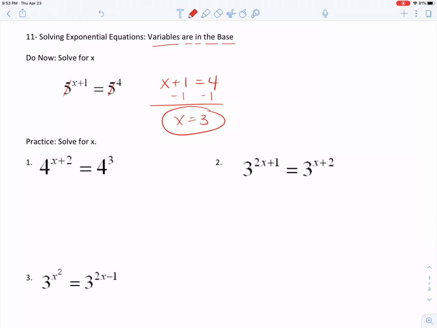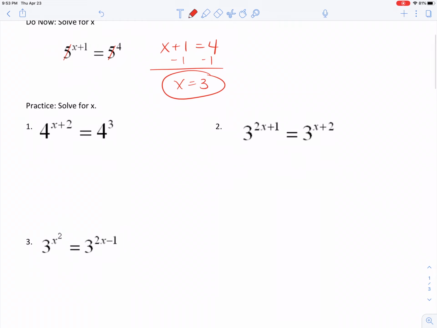Final answer. Okay, so the first group of practice problems, all the bases are the same. Number 1, this rarely happens, that the bases are the same, but if you're in a situation like that, you need to understand that you would just drop the bases and then set the exponents equal to each other. Minus 2 on both sides, get x equals 1.